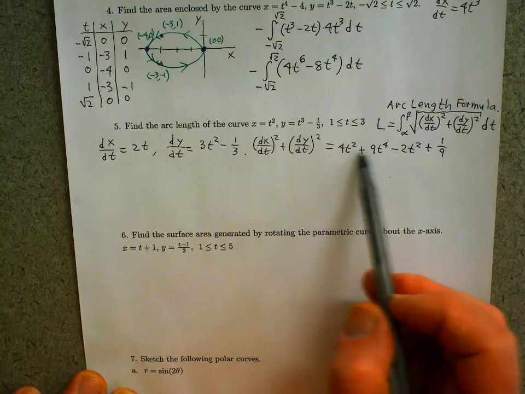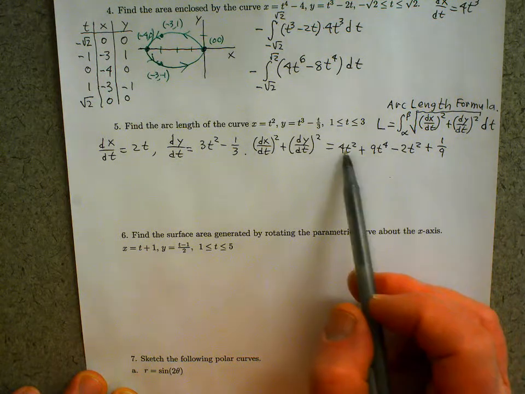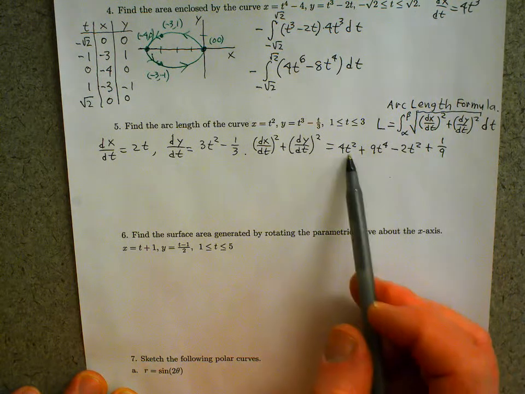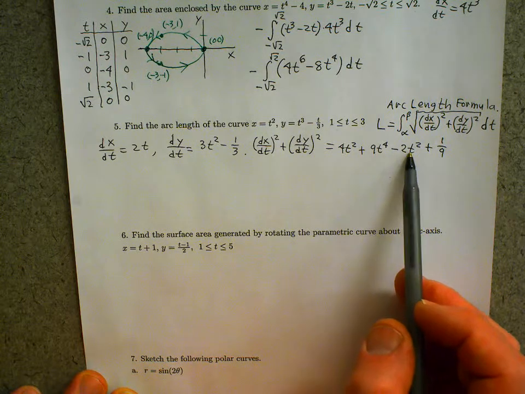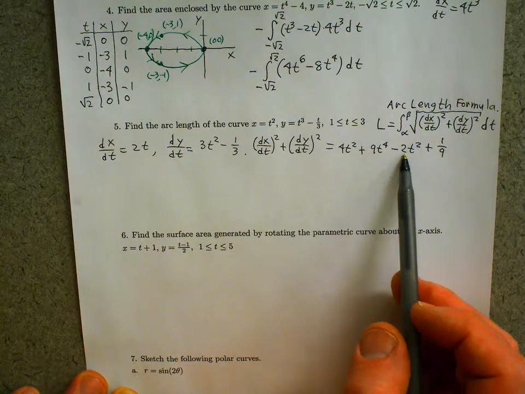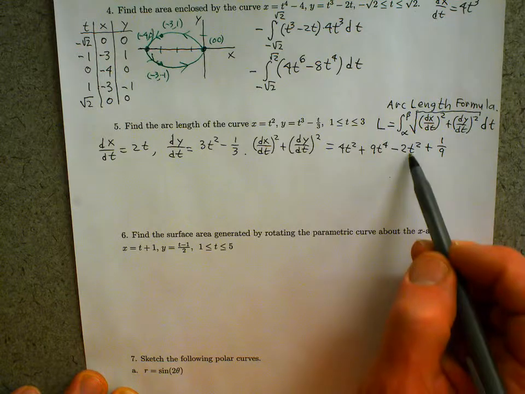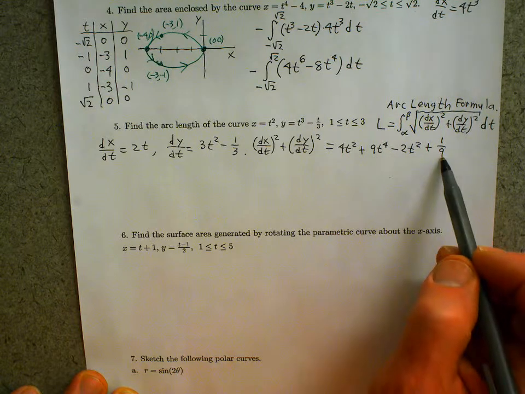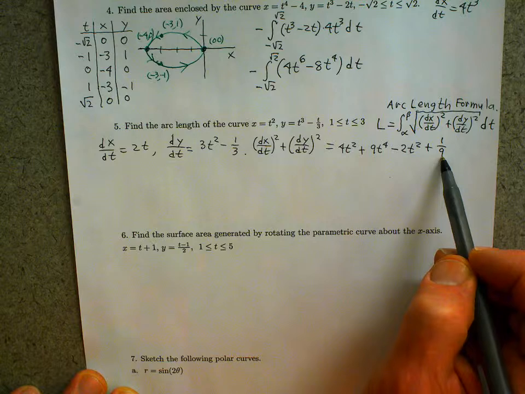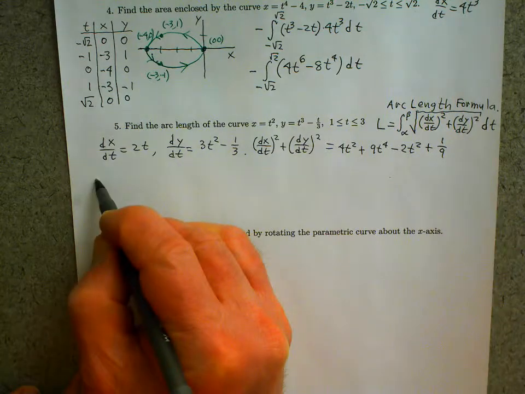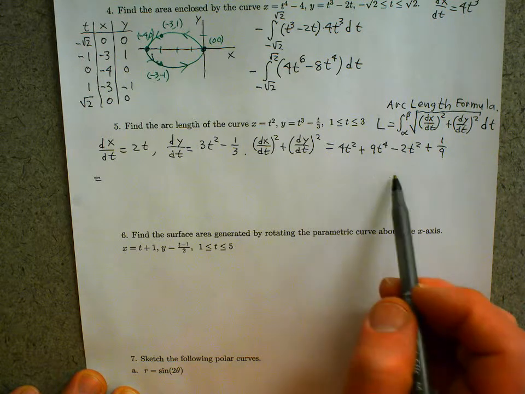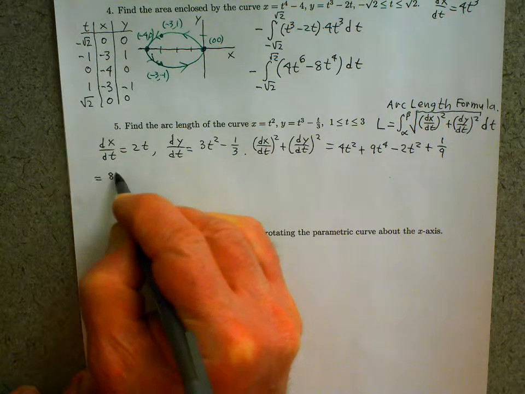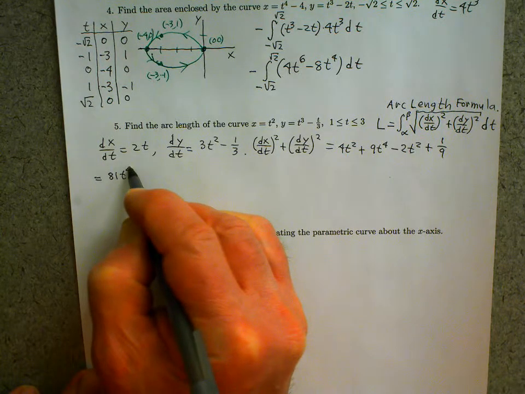So in the next step, let's do a couple of things at once. We'll combine the like terms, 4t squared minus 2t squared, to get 2t squared. But then we'll write it all with a common denominator of 9. So that means we multiply 9t to the 4th over 1 by 9 over 9 to get 81t to the 4th.